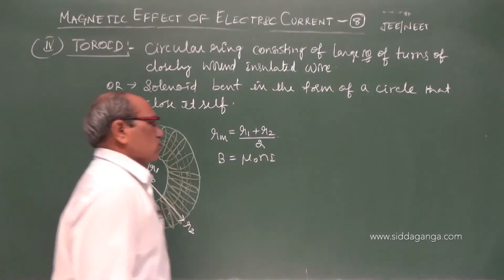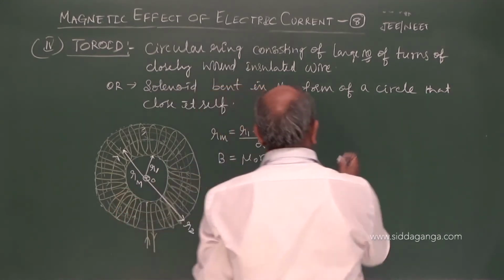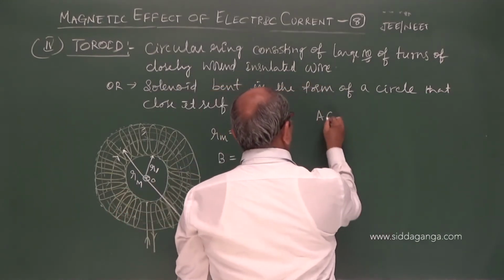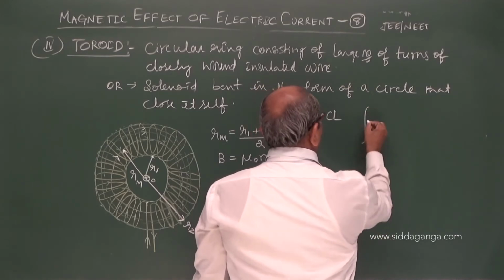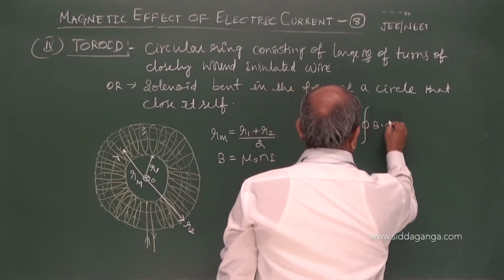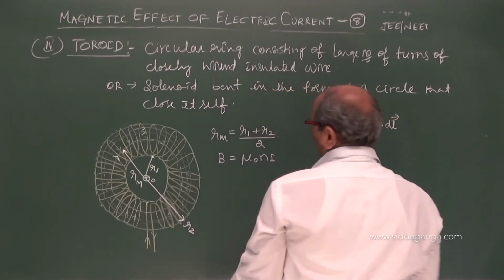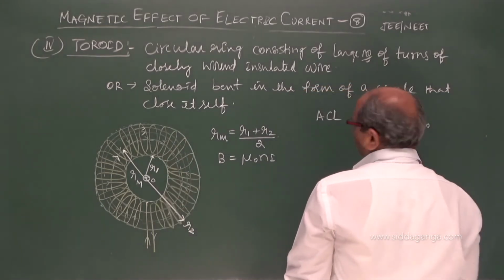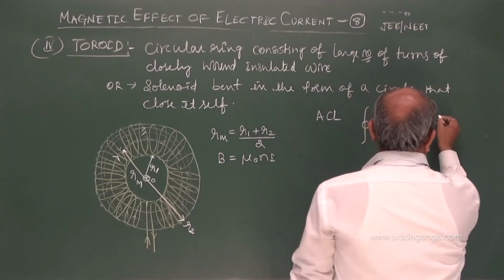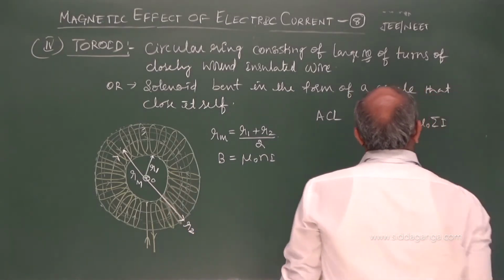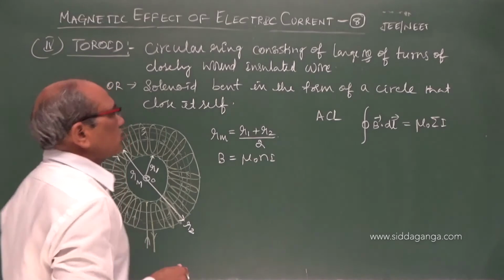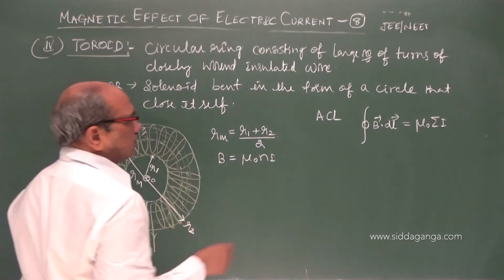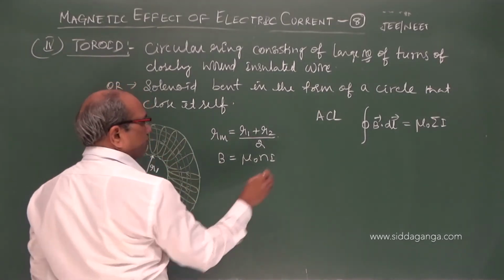To get this, I can again consider Ampere's circuital law: the line integral of the magnetic field along the closed path is equal to mu naught times the current passing perpendicular to it, the summation of I. Again, n is the number of turns per unit length.